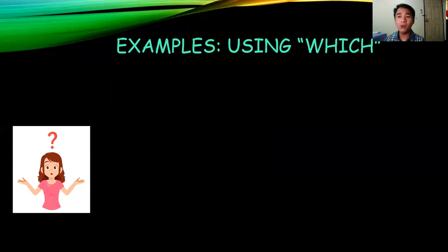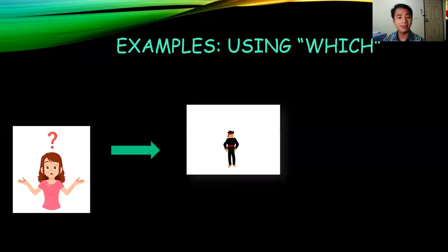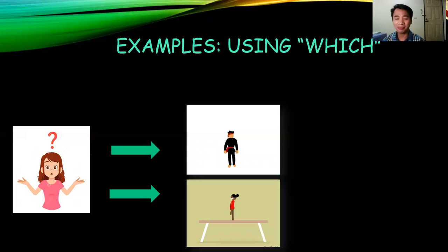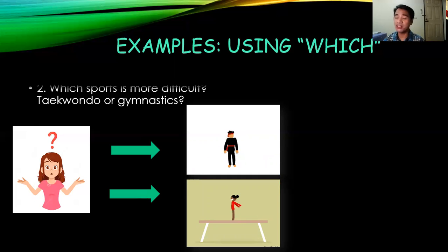Okay, next question. Please look at the photo again. Okay, this one. So what will be your question now? Okay, this is the question. Which sports is more difficult, taekwondo or gymnastics?